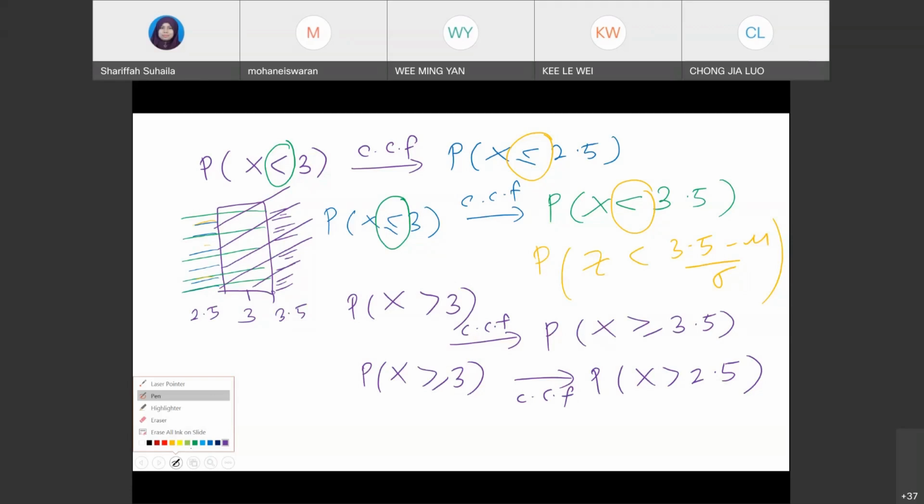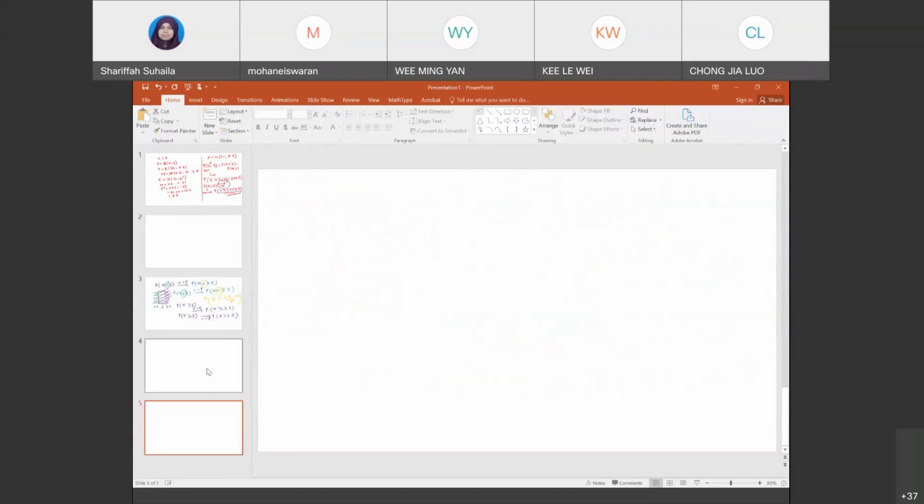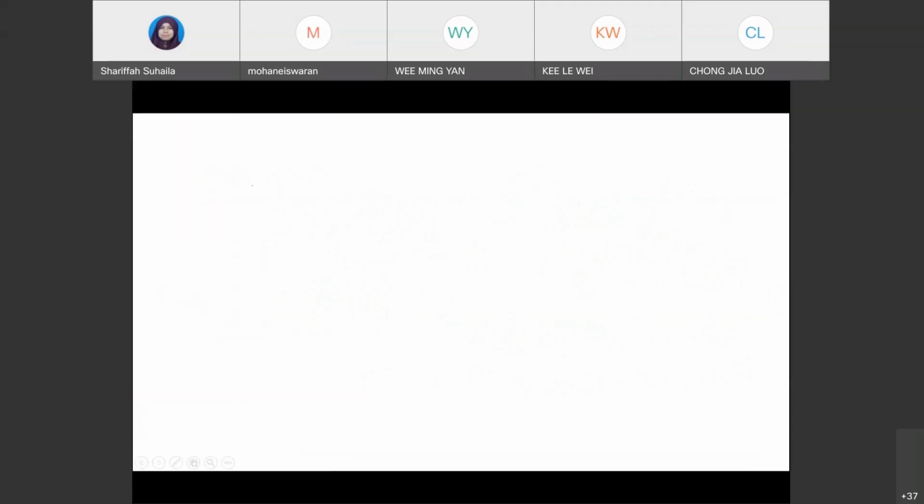Okay, so that one is your continuity correction factor for this one. Okay, so katakan let's say you have probability, okay, 4 less than x less than 6 katakanlah.